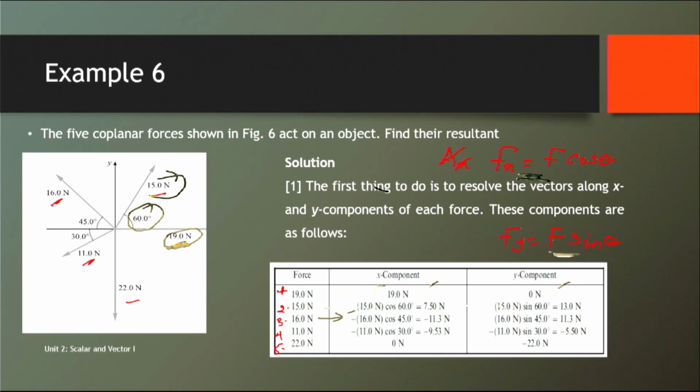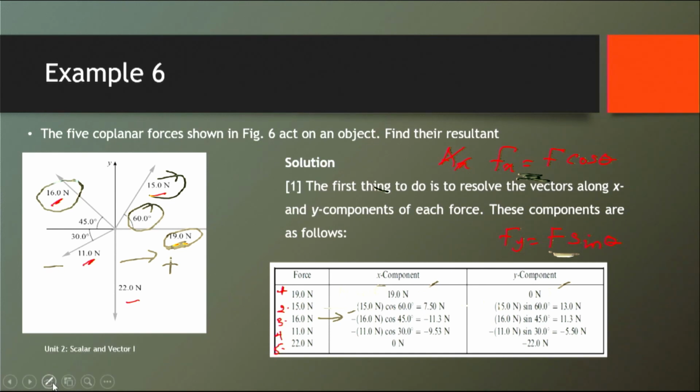Using the same formula of Fx equals F cos theta, let's look at our force along the x-axis for 16 newtons. Now there's something you should take note of. On our x-axis, anything towards this side is positive and anything towards this side is negative.